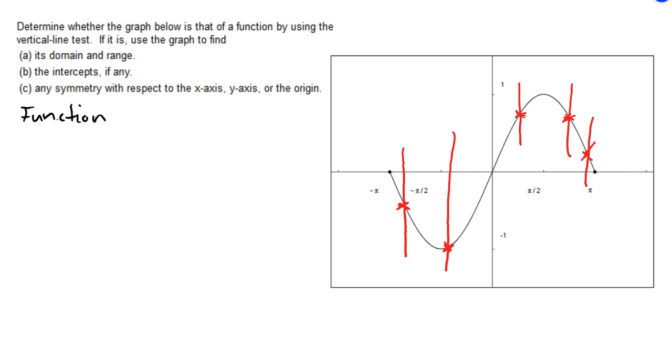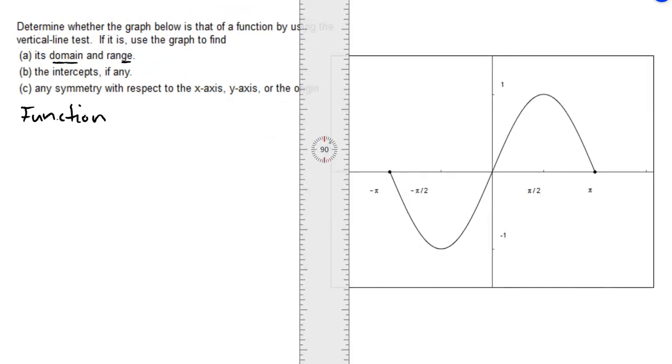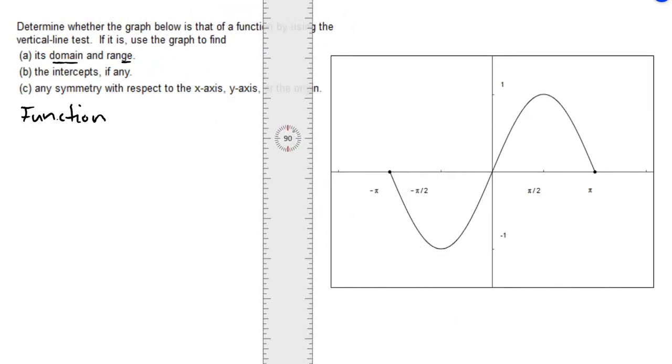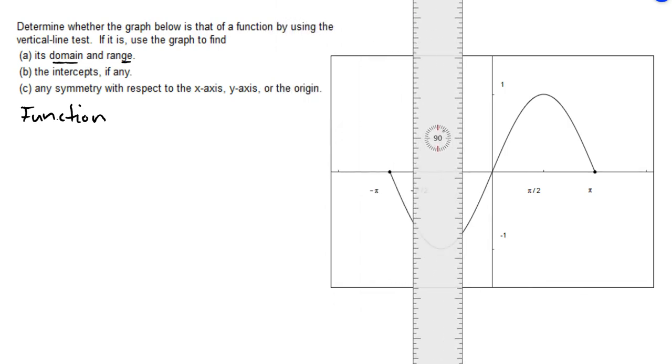And now that we know it's a function, we want to find the domain and range. I like to use a ruler or my pencil held vertically to find the domain. So I'm going to use this ruler and hold it vertically. What I want to do is move across the graph from left to right.